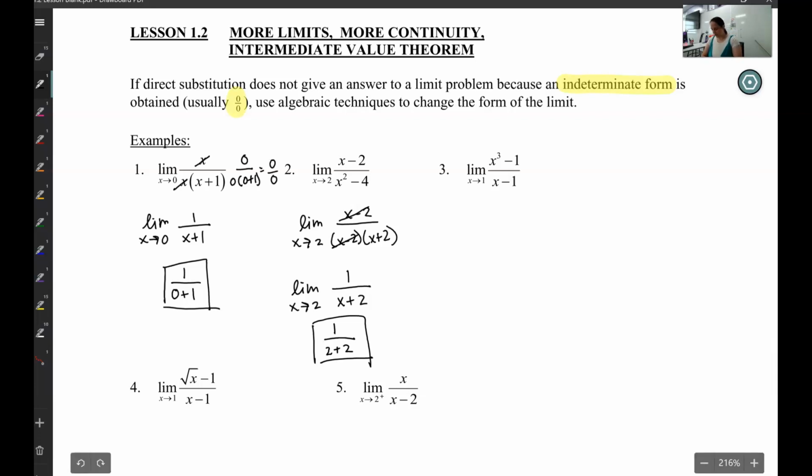Now, just one note, a reminder from rational functions. If you ever have a factor on top and a factor on bottom cancel each other out, that's going to be a hole in your graph, which would be a removable discontinuity.